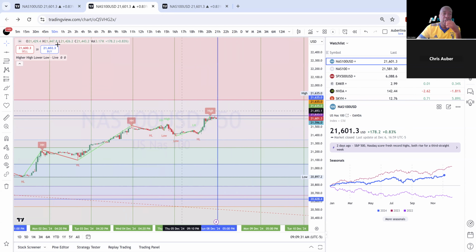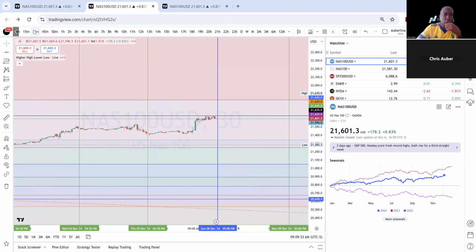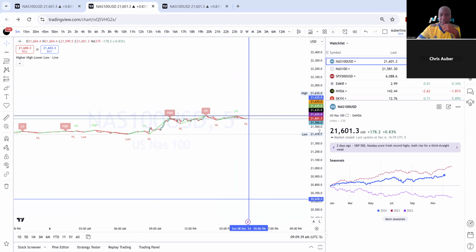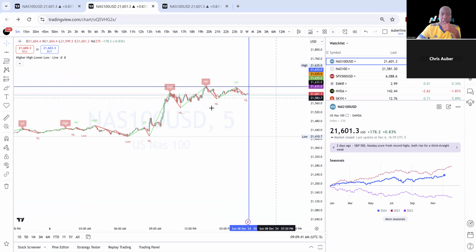All right. Now, if you go and look at your 5-minute, which is what my entry was based on, I came in over here, not here. I came in right here at this line because I saw that it was making higher lows and it had registered a higher low already. So with this retracement, it's still at a higher low.